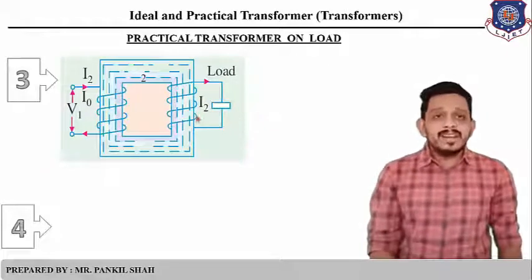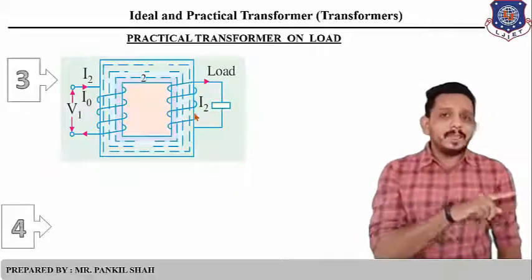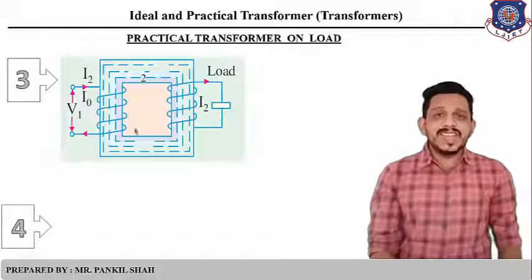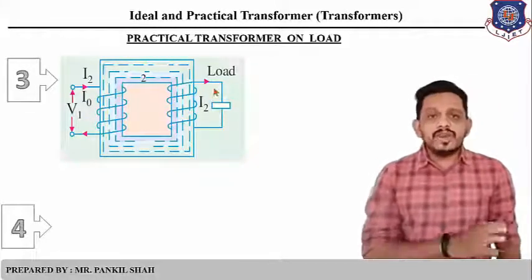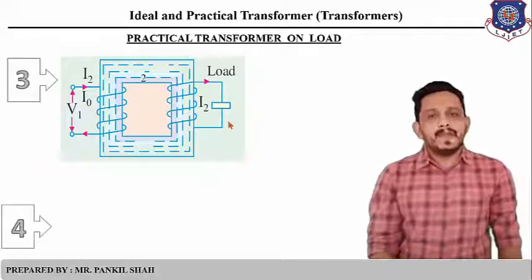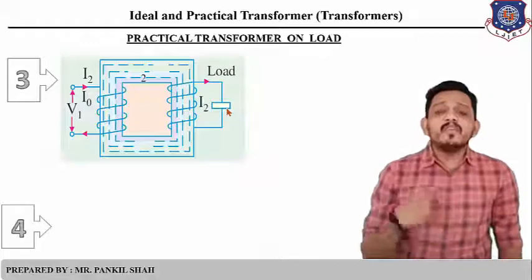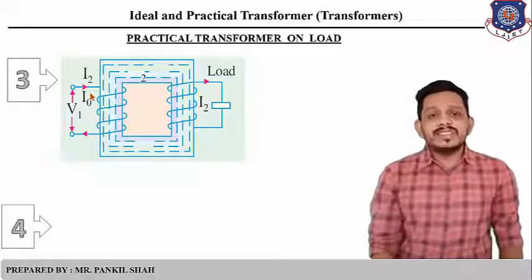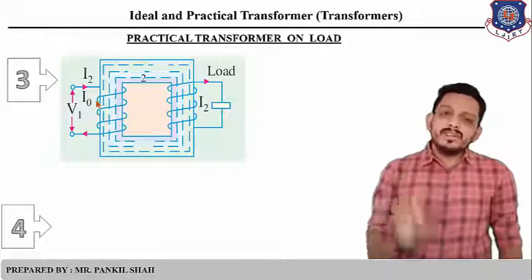So the flux produced by the secondary winding due to the load connection is known as the demagnetizing flux, because this flux is cancelling the effect of the main flux. So it will flow in the opposite direction to the main flux. To nullify this effect, we have to provide extra current at the primary side, or you can say that the primary winding will take extra current from the source.